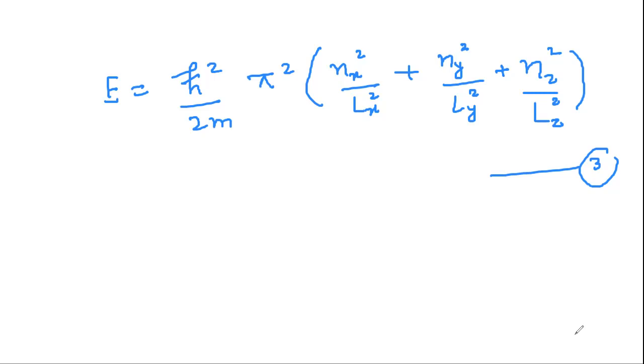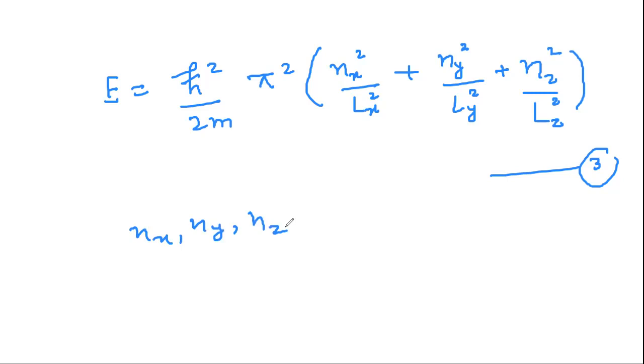Now the state of the particle under consideration is specified by stating the values assumed by these three quantum numbers, nx, ny, and nz.